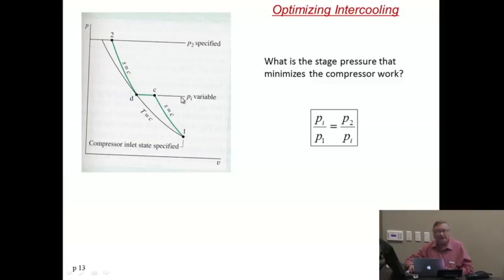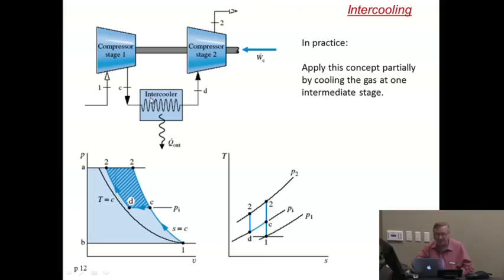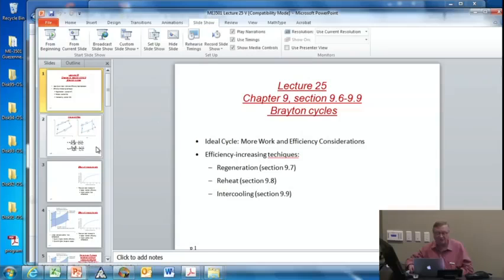I'll do this again during the actual lecture on the blackboard. There is an optimum value for this intermediate pressure such that Pi over P1 is P2 over Pi. In other words, Pi squared is the product of P1, P2, or Pi is the square root of the product P1, P2. I will demonstrate that on the blackboard, but this is the pressure at which we like to divide the compressor stages. So this is the first pressure, this is the second pressure, and this is the location of the pressure that we put for the intercooler. Thank you.